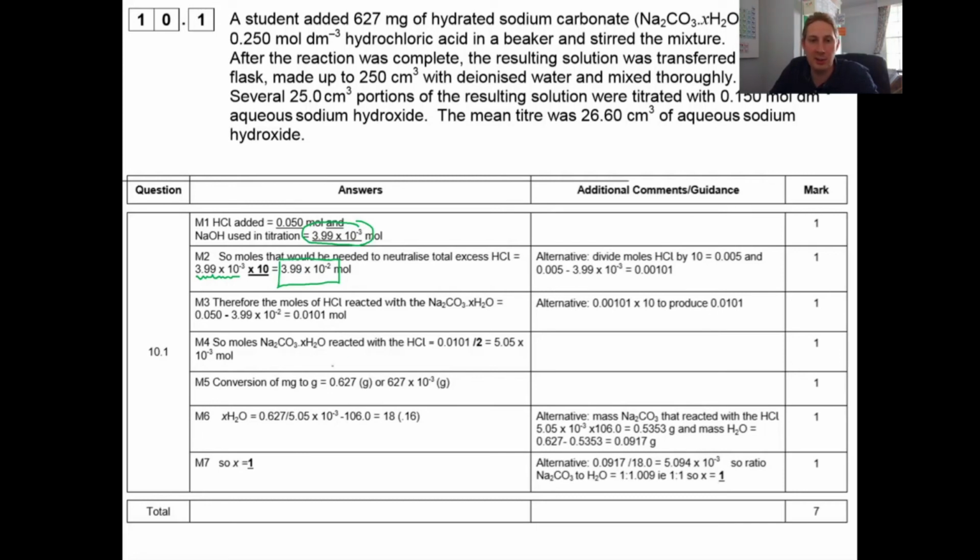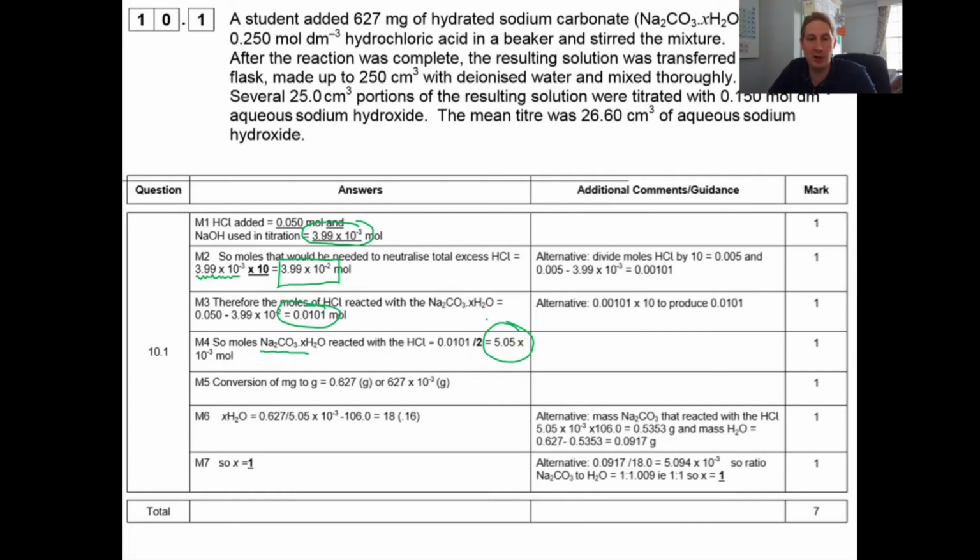The third mark is for realizing the number of moles of hydrochloric acid that were used up in the beaker in that first reaction. And the fourth mark was for realizing the ratio between that hydrochloric acid and the sodium carbonate. So that second equation we generated, where the hydrochloric acid reacted with the sodium carbonate to generate CO2 and H2O, therefore working out the number of moles of carbonate that reacted.